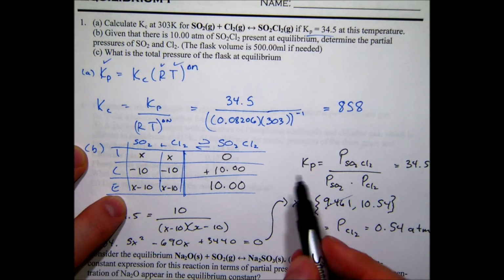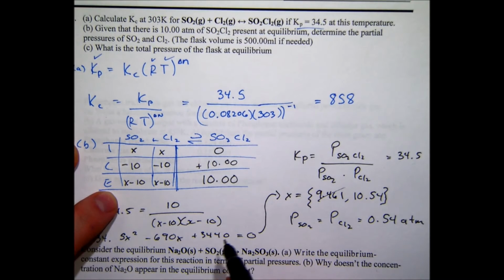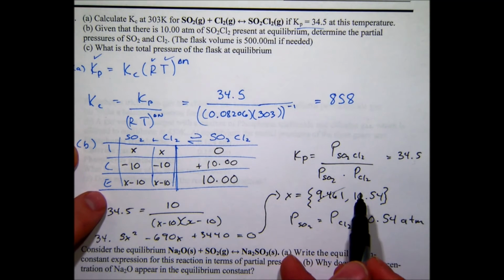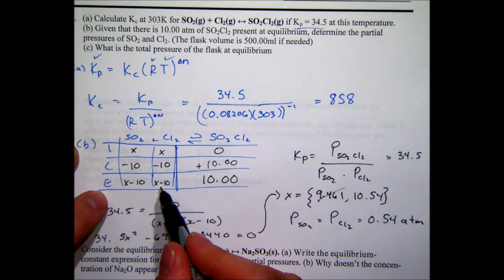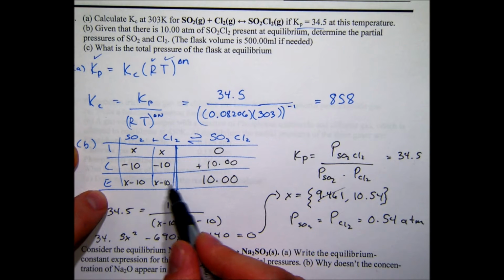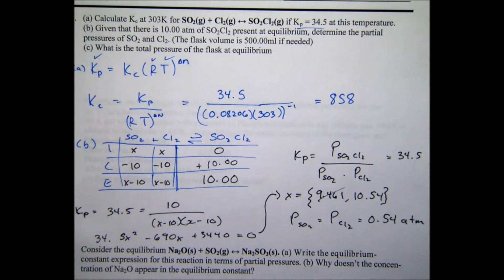So again, you're just plugging in the 10.54 for x. 10.54 take away 10 is 0.54, which is where that number is coming from. So again, this would be at equilibrium.